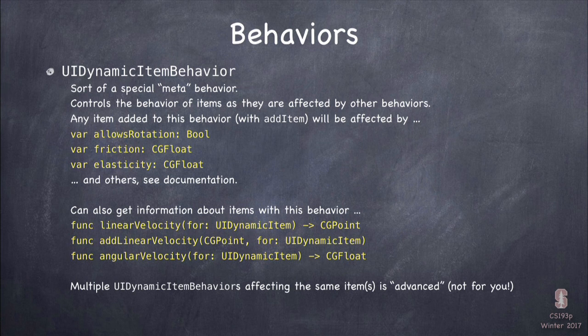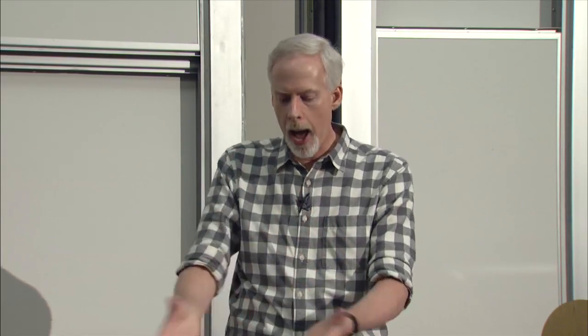When your view goes off screen, when your view controller disappears, you're going to want to remove the behaviors from the animator and stop animating, because you don't want to be animating when not on screen. It's a waste of energy. But when you go back to the view, you want all of the animated things to continue as they were. Well, they will, except they'll have lost all their velocity. So you have to put their velocity back. So you grab all their linear velocities, store them away somewhere, and when you come back, add the linear velocity back.